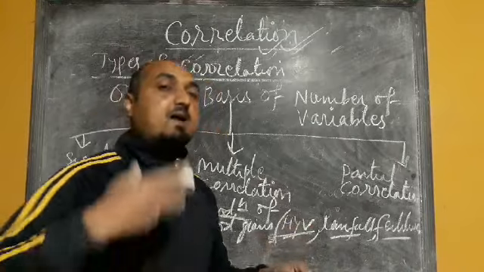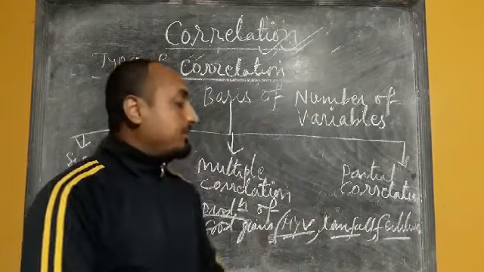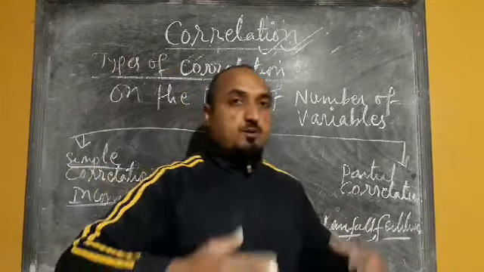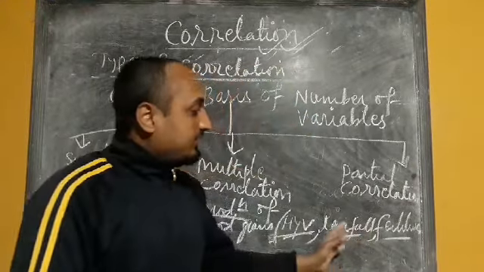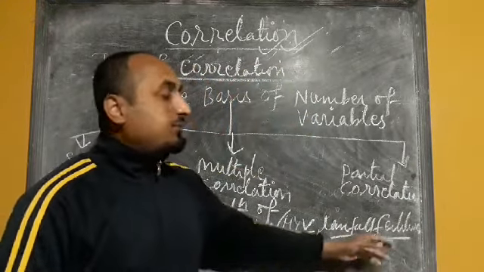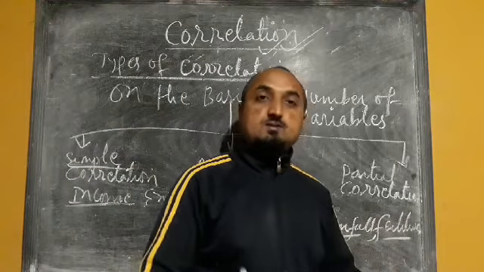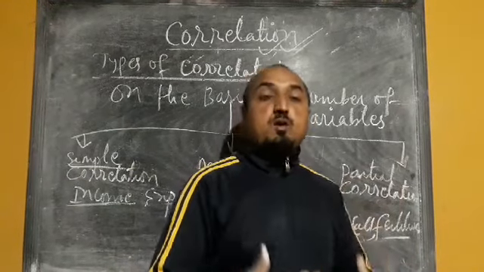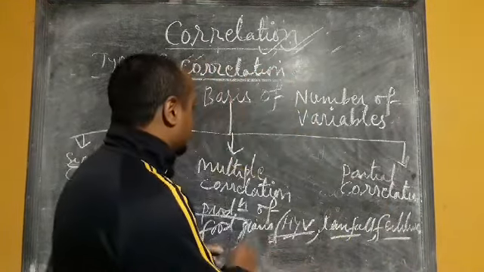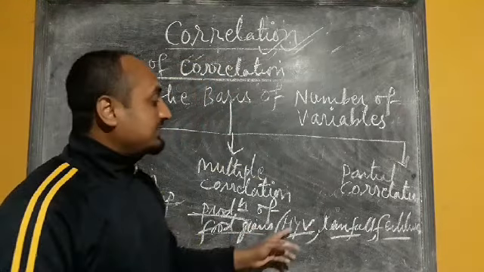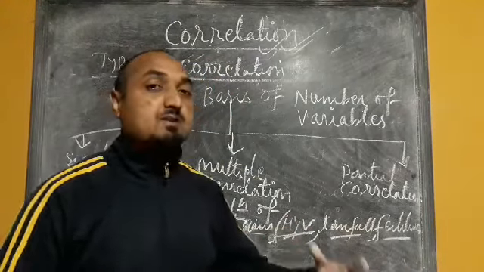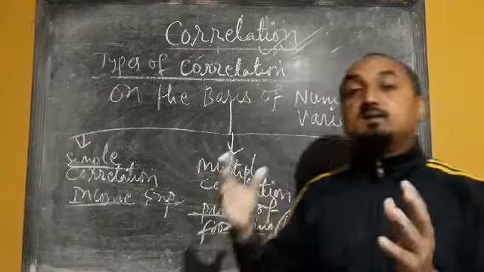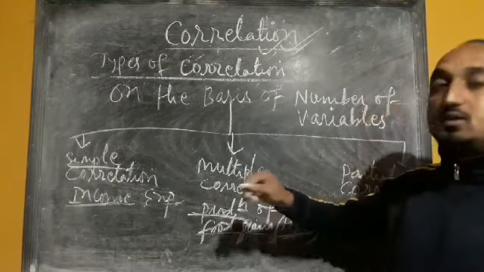Like if there are high yielding varieties of seeds, your production will be better. If you get a good amount of rainfall, then yes, your production will be more. If you are using fertilizers, in that case also it will have some impact on the production of this food grain. So we can see that more than three variables have impact at the same time, that is on the production.